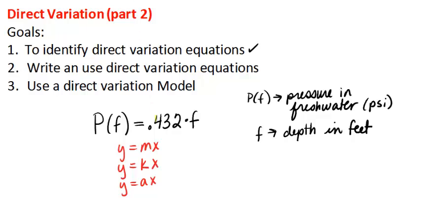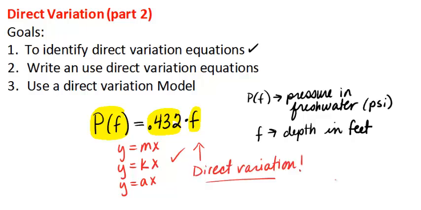And if you look at the equation we've got here, P of f, or function notation, is just a fancy way to say y, or our dependent variable, equals some multiplier, a constant of variation, times our independent variable. It fits this model very well. So this is direct variation.